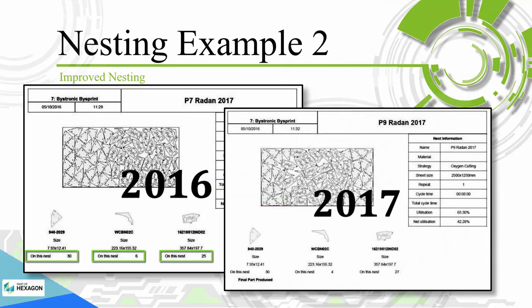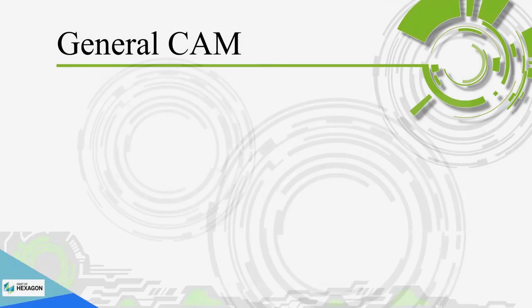Again, taking those 3 components and nesting them in the enhanced nester of Radan 2017, we see the following results. We get 30 of the first component, we only get 4 of the second, but we get 27 of the third, giving an increased utilization of 65.3%.